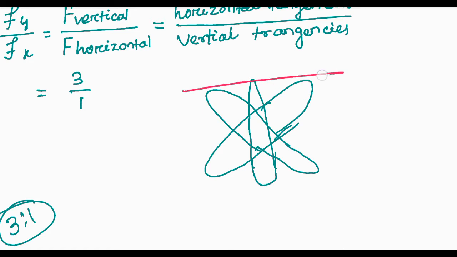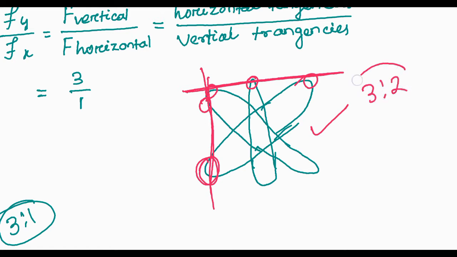What are the horizontal tangencies? There is 1, here is 2, and here is 3. And the vertical tangencies? Here is 1, here is 2. So for images like that, horizontal by vertical will be 3:2.